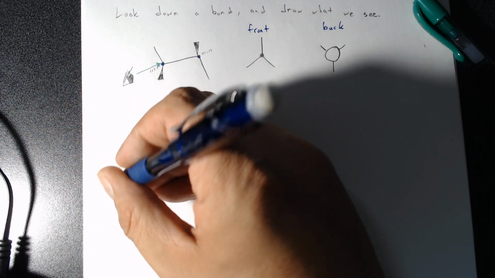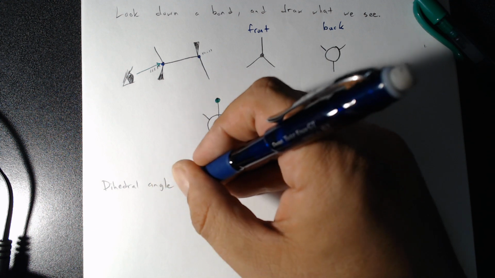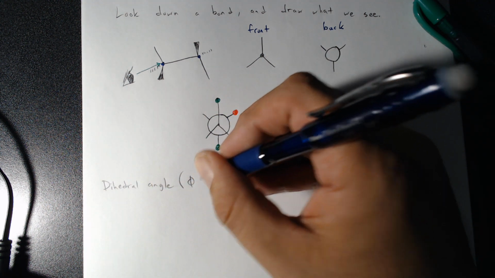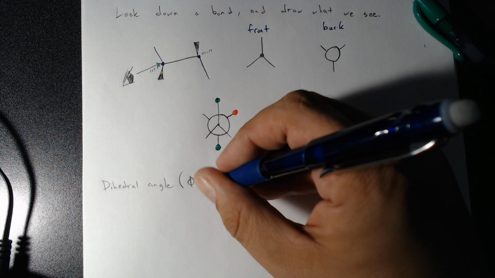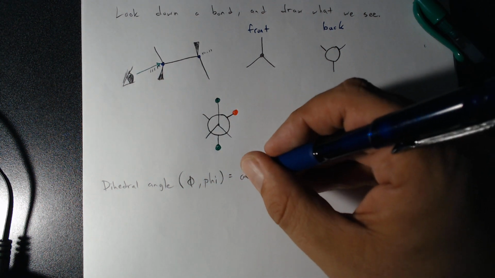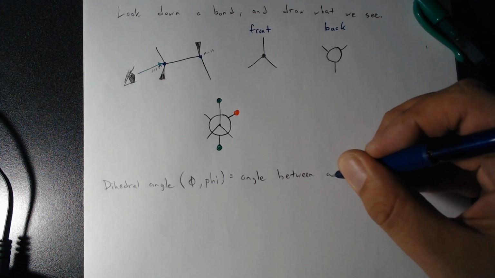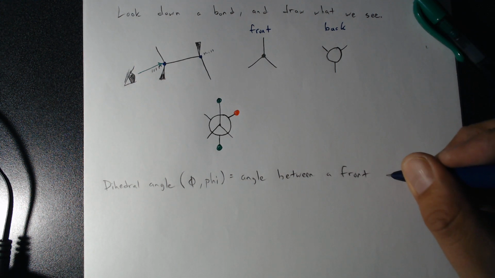For the dihedral angle, you're going to use the Greek letter phi. So it's phi, and this is the angle between a front and back group.